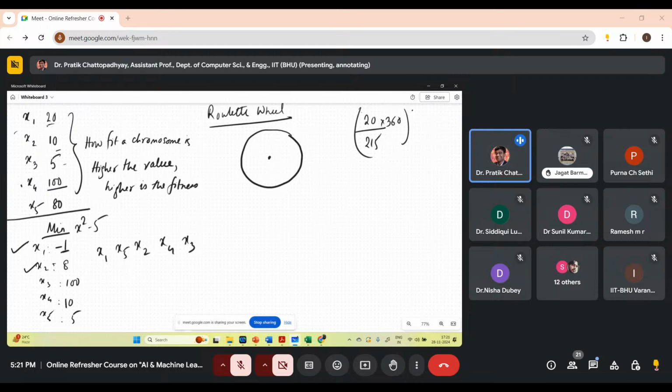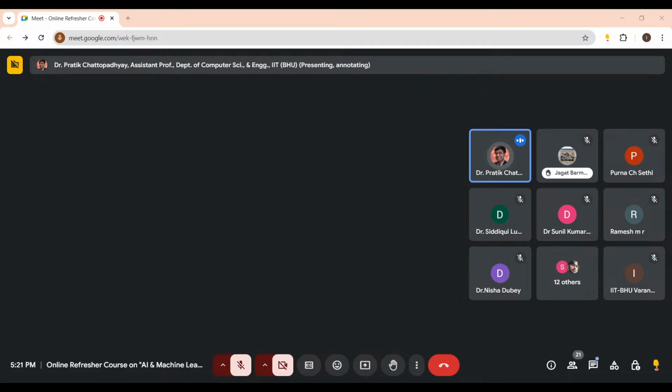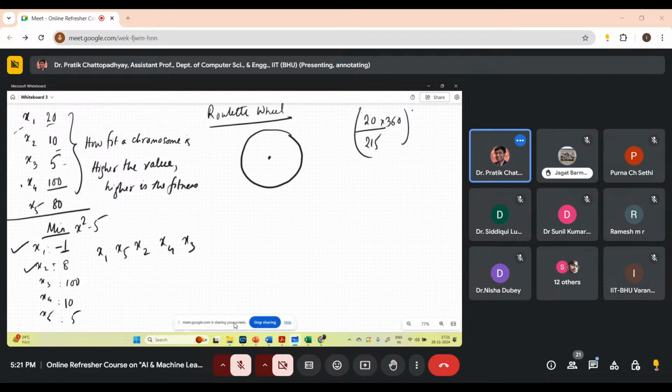The area of each sector is proportional to the fitness value. So how to get the area for chromosome X1? We can just find 20 divided by the total summation of all the fitness values, into 360. This is the degree. In this case, X3 will have the smallest area, X2 next, X1 next, X5, and X4 will have the largest area.